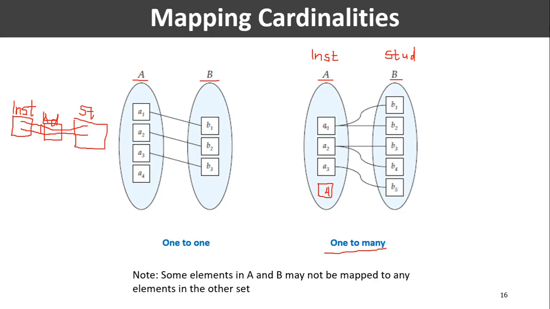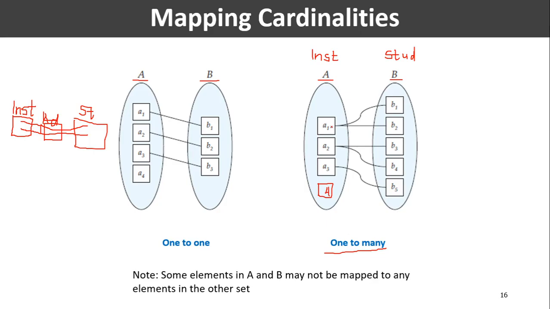But every student is associated with at most one instructor. So if B1 is a student, B1 is associated with only one instructor, that is A1, nothing more than that. B2 is also associated with at most one instructor, and here it is A1.